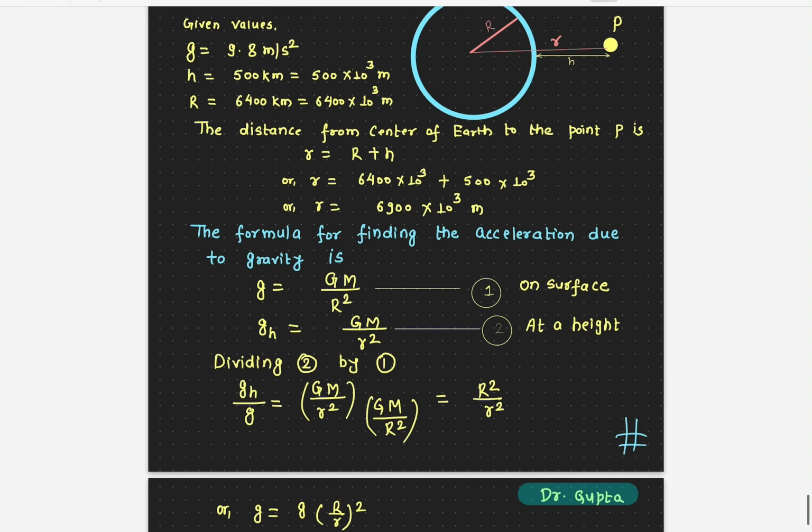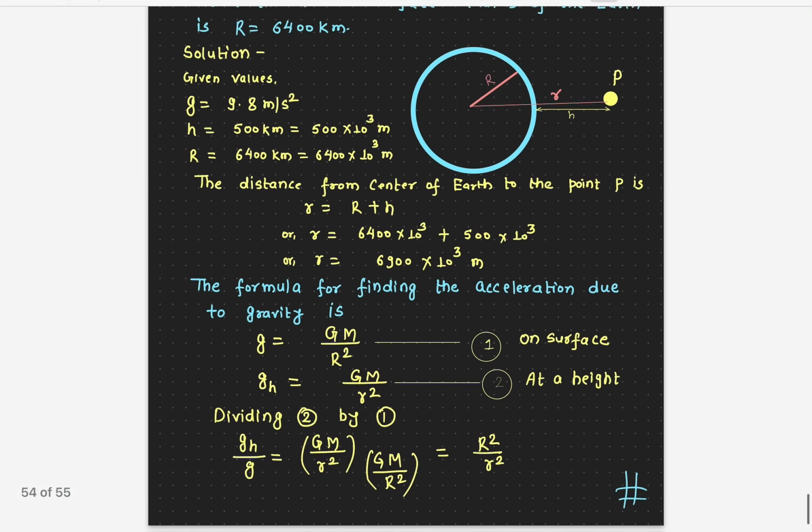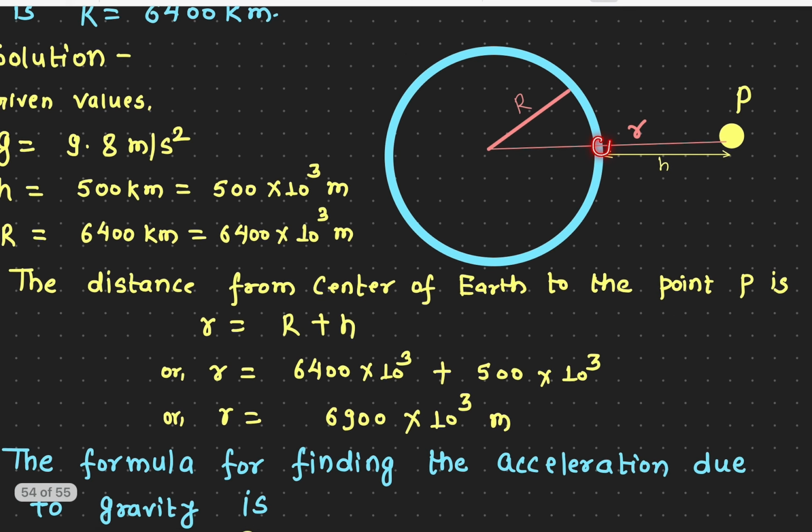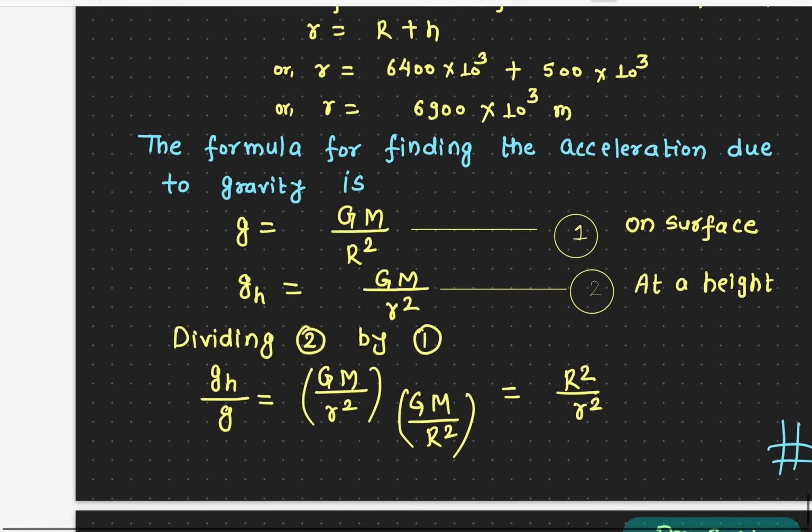In that case, all we're going to change is this R would be simply replaced by this r. So here, if the object is right here, then you use this distance. But if the object is at this point, then you have to use this distance here. So the distance between the two objects. That's what I have used here.